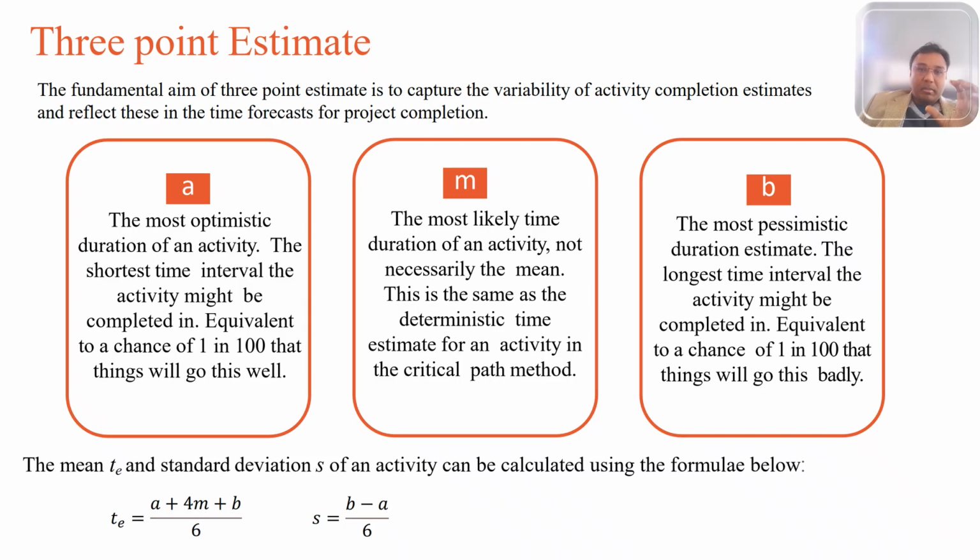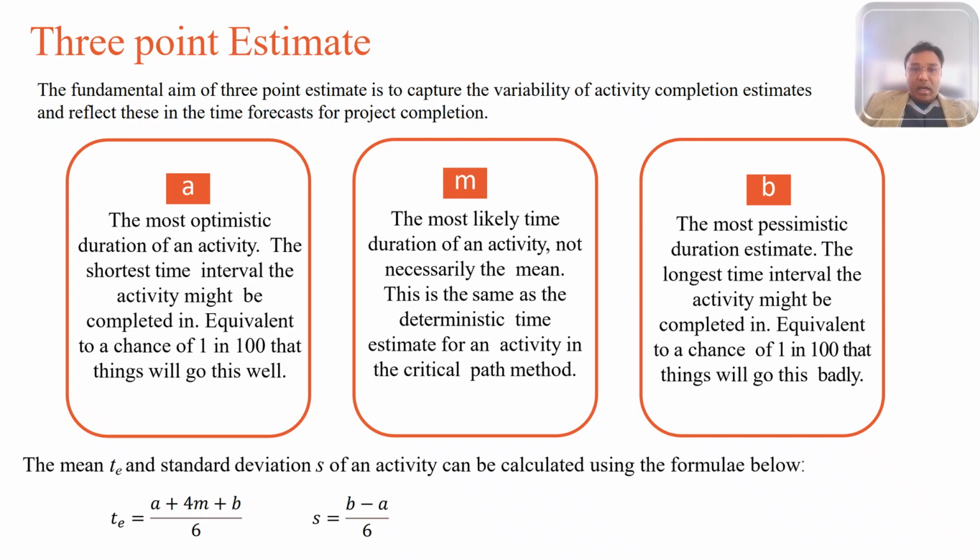Instead of the complex beta mathematics, PERT simplifies by using the expected time, TE, which equals the optimistic plus 4 times the most likely, which is M, plus the pessimistic, divided by 6. This is the expected value, which is obviously your mean.